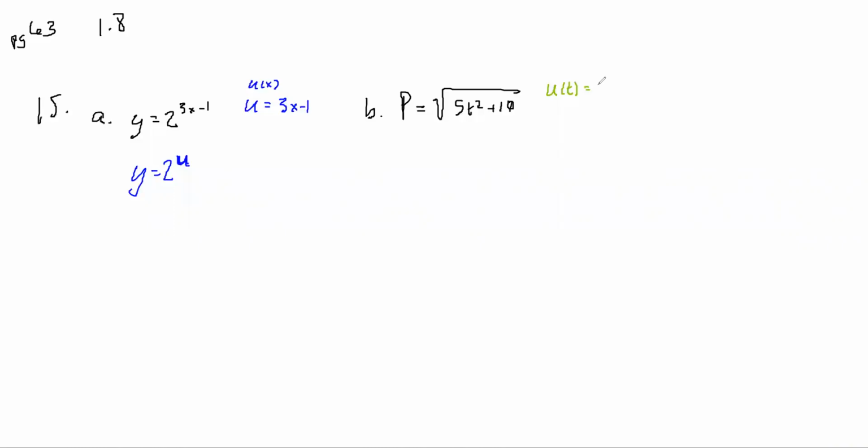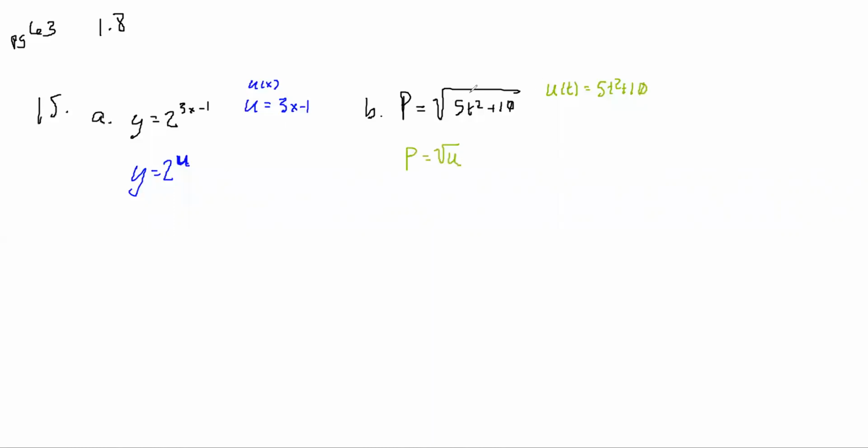You're good. So if we look at the square root as a function, we can have square root of x, input, output. So square root of x yields a number. Then this is our outside function. And so our inside function is going to be 5t squared plus 10. So this could look like p is equal to the square root of u.